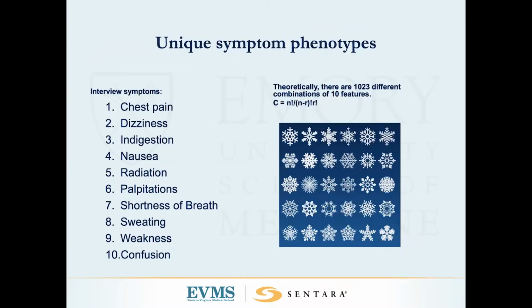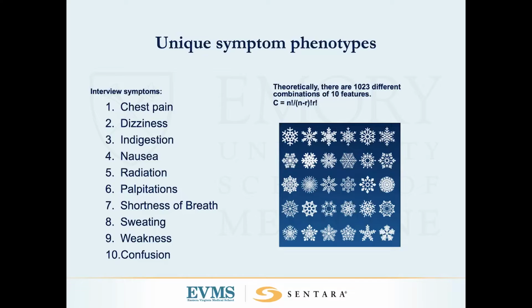So one of the great things about the Virgo study is that all of those patients had an interview with a study coordinator. And that study coordinator very carefully and completely recorded the presenting symptoms. They asked specifically about 10 symptoms, and those are listed on the left.